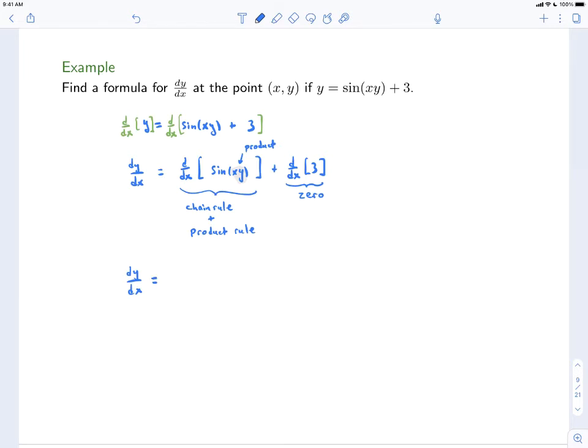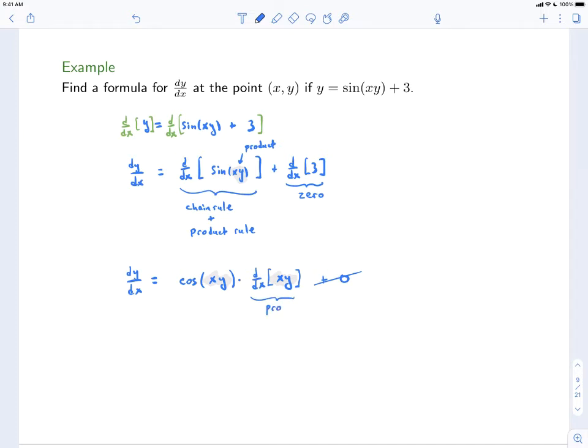Well, the derivative of sine is cosine of a thing times the derivative of whatever's inside of cosine, and in this case, that inside thing is this x times y. And then to this we add 0, but we don't actually have to write that down, so you don't need to worry about that.